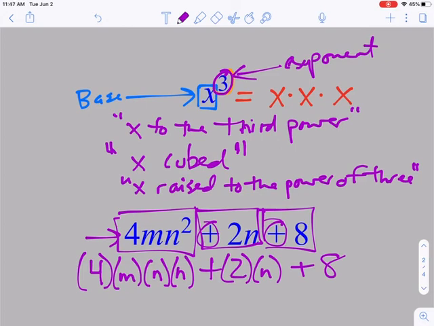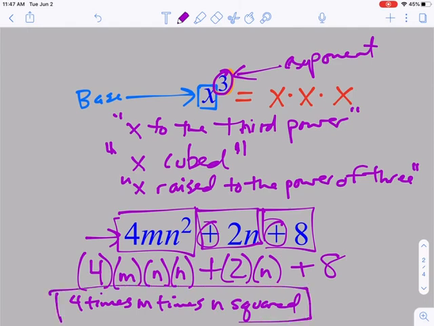So this is actually saying 4 times m times n squared, or we could say the product of 4, m, and n squared. There are a number of different ways you can say it, but I just want to have some common language, so in the next lesson you know what I mean when I say variable or different things like that. So let's move on to that now.